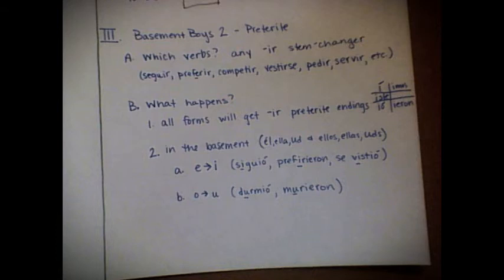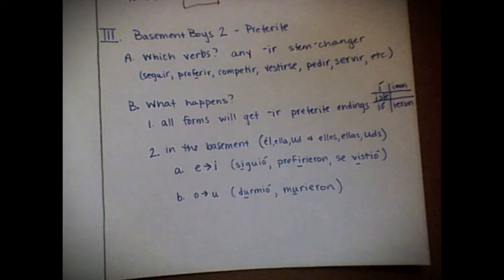But the catch here is that in the basement, so the basement meaning the él, ella, usted form, and the ellos, ellas, ustedes form, so that's what I call the basement, in the stem, E is going to change to an I. So we have siguió, prefirieron, se vistió, pidió, sirvieron. That E is going to change to an I in the stem.